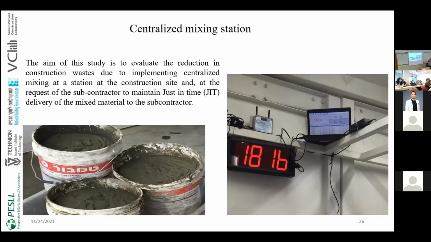For example, one digit represents the location where the subcontractor needs the material. Another digit represents the quantity of material this subcontractor needs. Another digit represents the code of the material, like he needs mortar, gypsum, or glue. So once the worker receives the signal, he prepares the mixed material in the exact quantity required by the subcontractor, and he delivers it using the elevator to the required location.